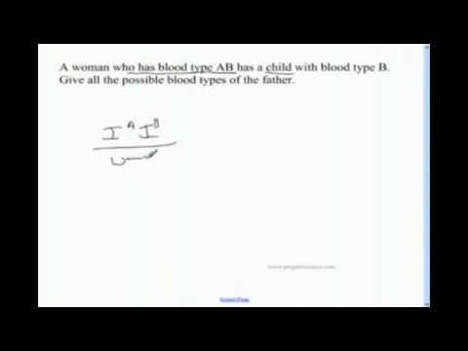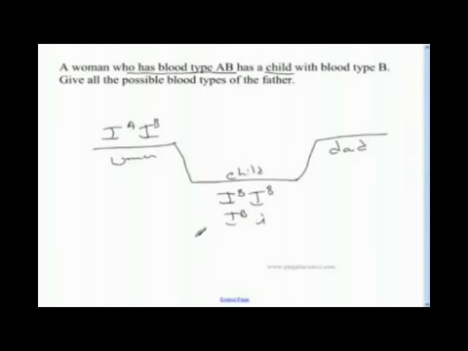And the child is blood type B. And we have here the two possible genotypes. And we will look for the possible blood type of the dad.